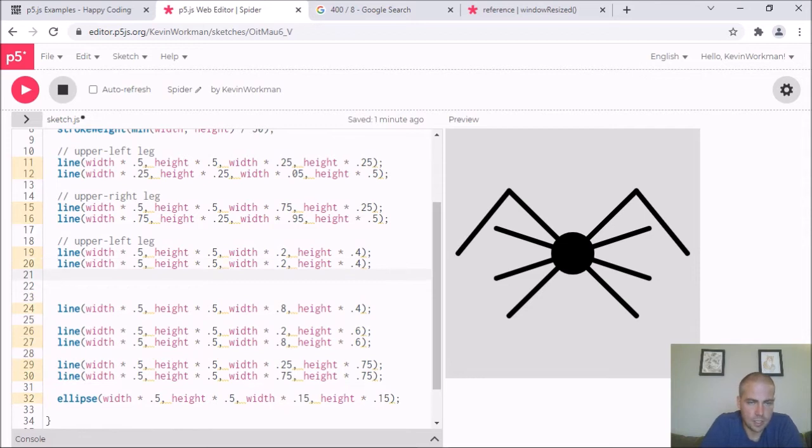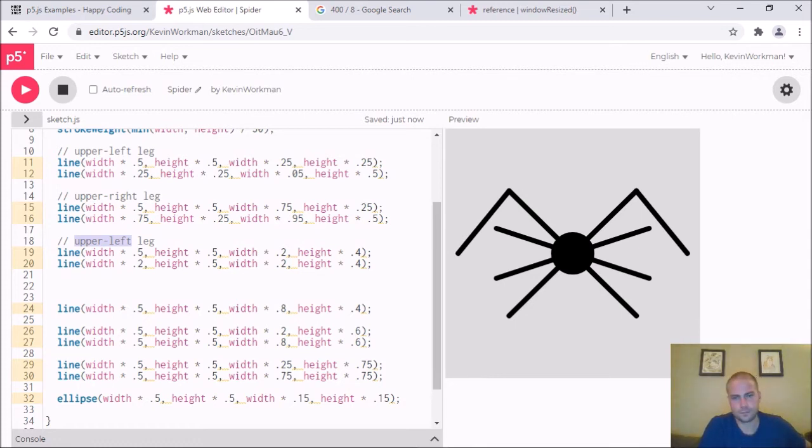Copy paste, and I'm going to start from the end point of this upper left leg. Oh wait, what should I call this leg? It's not upper left. I guess I could just number them. I want it to be really obvious which leg is what. Are they called anything? No, or maybe they are, but I don't know what they're called.